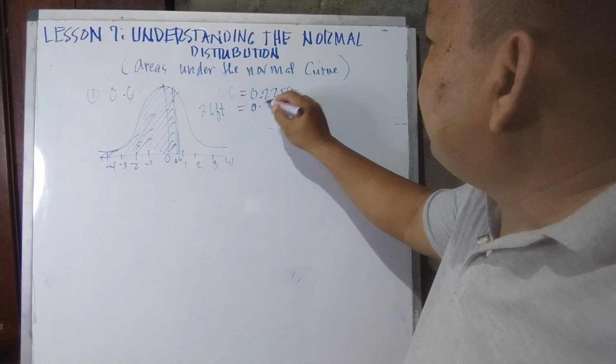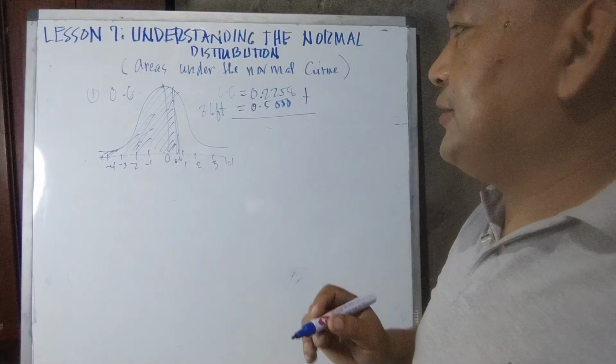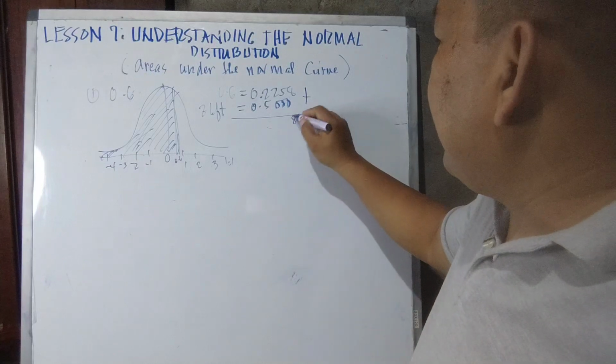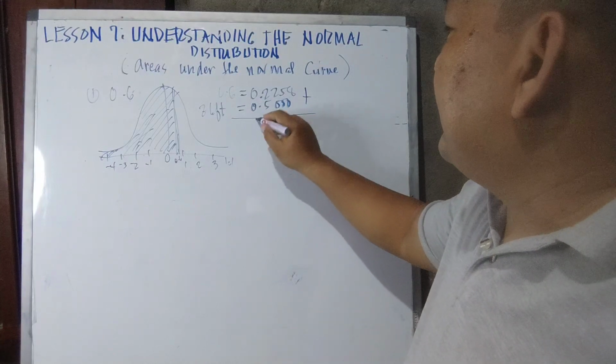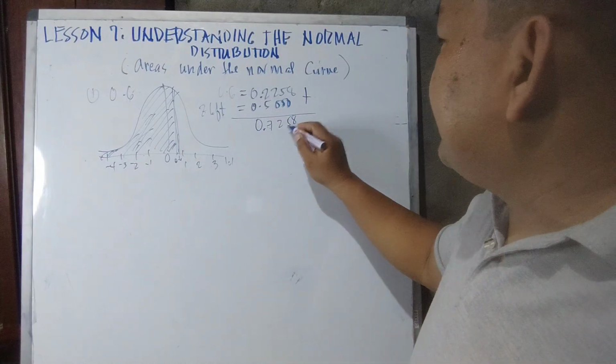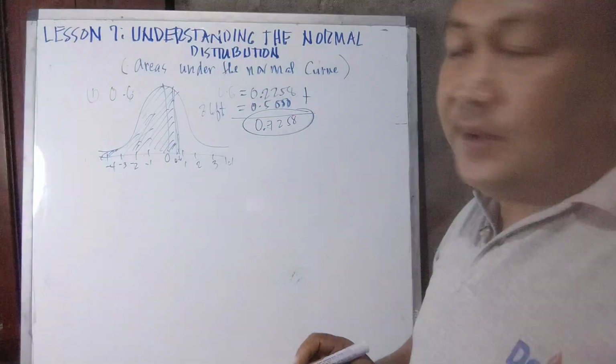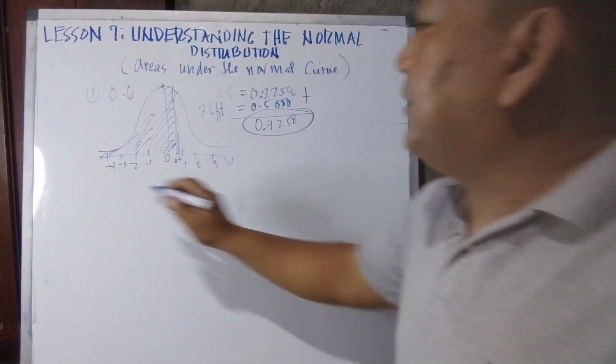So that's 0.5000. Okay, so just add the values. So we have there 0.7258. So the area of 0.6 is 0.7258. Okay, so that's our first example.